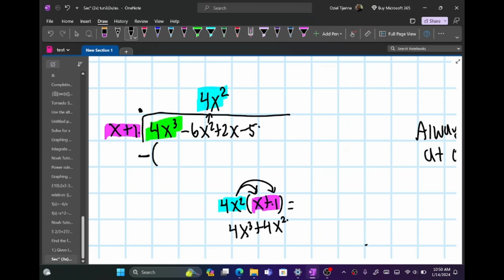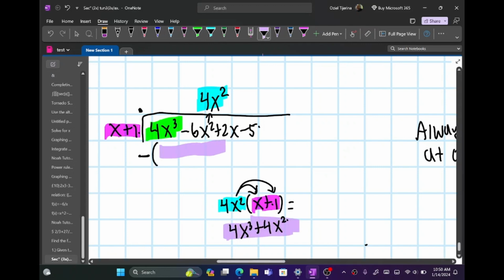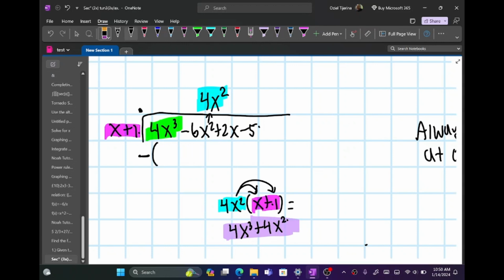You have to distribute that negative when you subtract this out. So we're going to put this entire part in here. Therefore, we're going to have minus parentheses 4x cubed plus 4x squared, close parentheses.